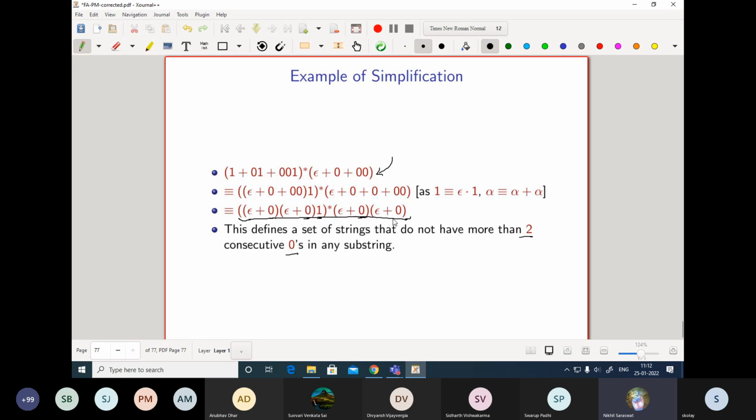And at the end, you may end with at most 2 zeros. Okay, so simplification can be used. So when I say a pattern is simplified or a regular expression is simplified, it could be both ways. You could be minimizing the length of the pattern, or you could be applying certain simplification rules such that the pattern gives you more idea on the structural properties of the strings matching to that pattern.